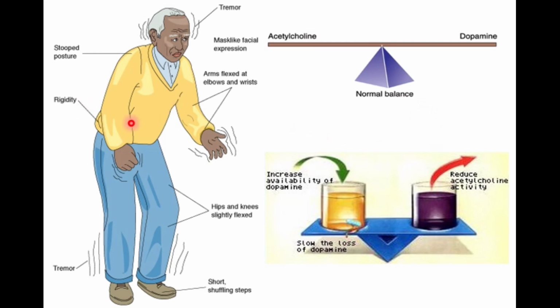In Parkinson's disease, there is a shortage of dopamine in the striatum. This imbalance can be restored by giving levodopa, the precursor of dopamine. In the striatum, levodopa is converted to dopamine.